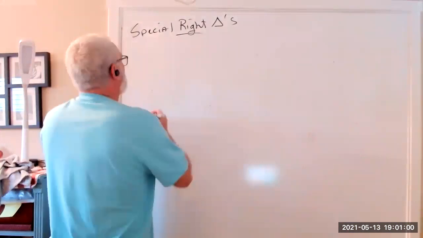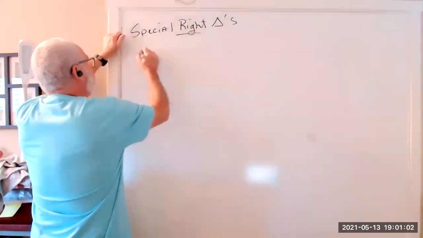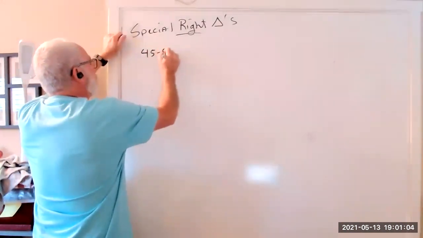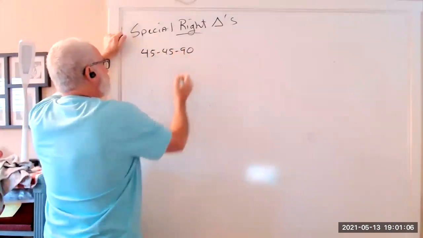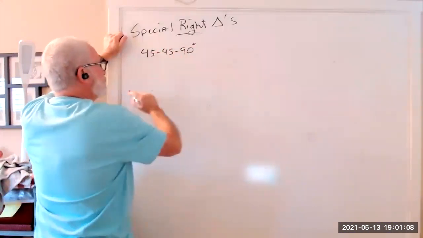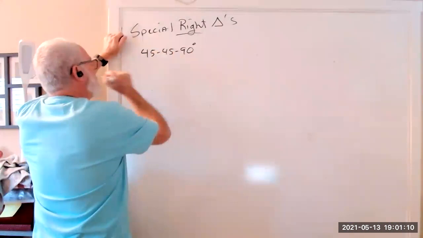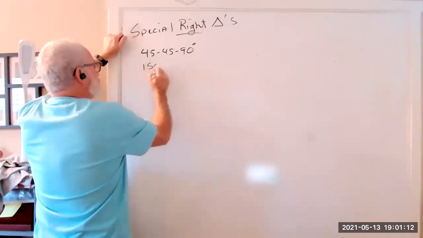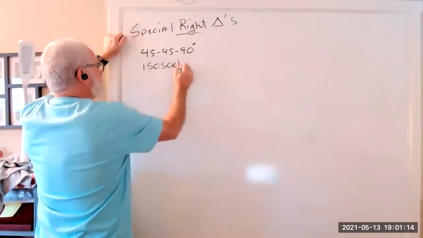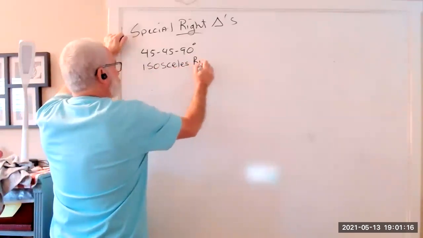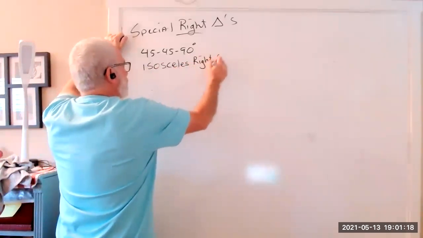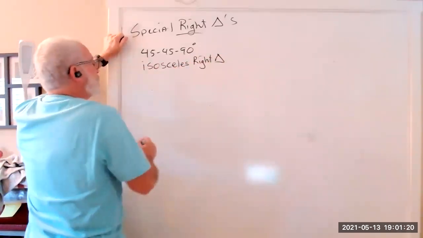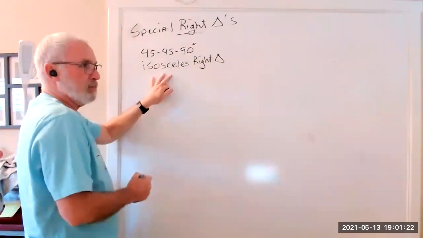So let's put that up. The first one is what's called 45, 45, 90 degrees. Those are the degrees. It's called an isosceles right triangle. And the word isosceles means the two sides are the same.